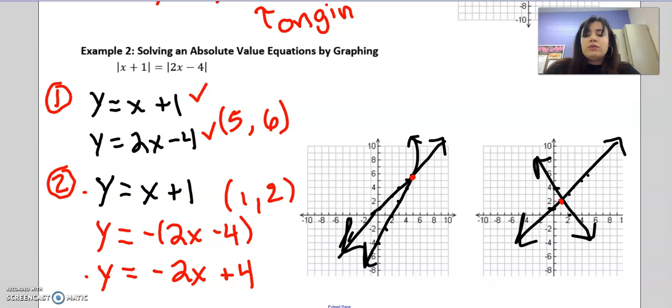Negative 2 times 1 plus 4 is 2. We're going to plug it into the original equation all the way up here. So it's going to be positive 2 times 1 is 2, and 2 minus 4 gives us negative 2, and then we'll have the absolute value of negative 2, which is 2, and we'll be good.